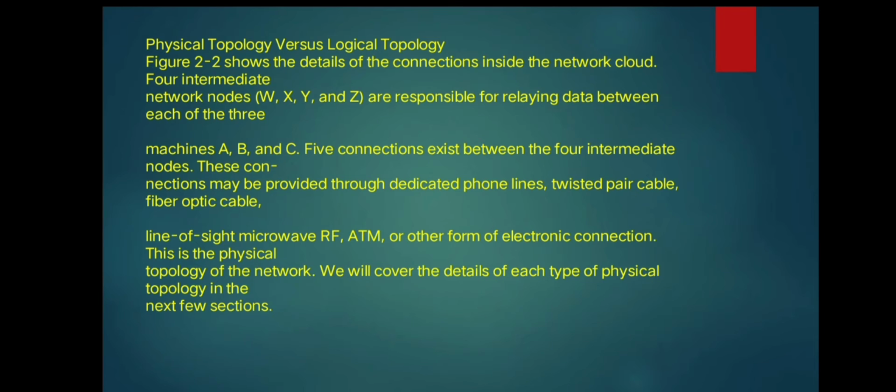These connections may be provided through dedicated phone lines, twisted pair cable, fiber optic cable, line of sight microwave, RF, ATM, or other forms of electronic connection. This is the physical topology of the network. We will cover the details of each type of physical topology in the next few slides.